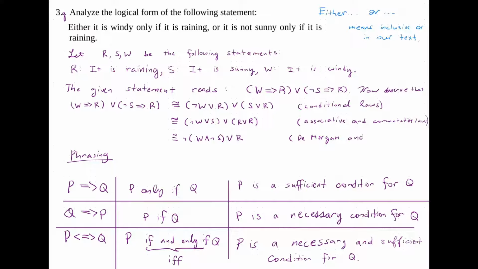And idempotent law. So the idempotent law is for the R or R being equivalent to R. And so we have this here. But now we have our statement as a conditional, because now we have not this here or R, which now by the conditional law is the same as W and not S implies R. And so here we use the conditional law.